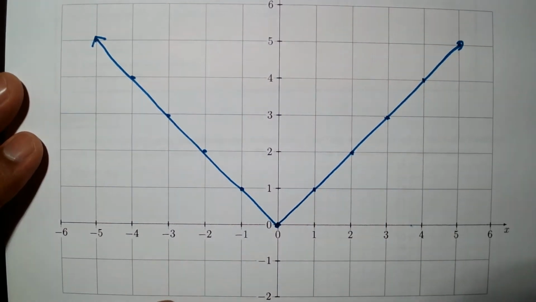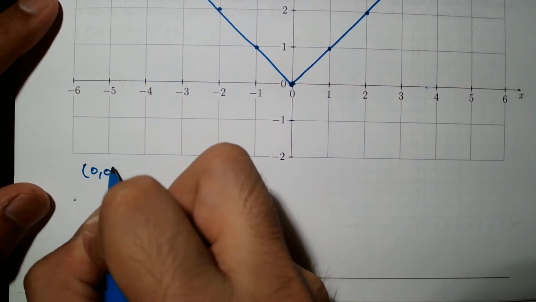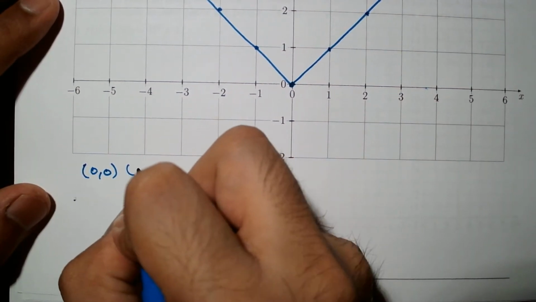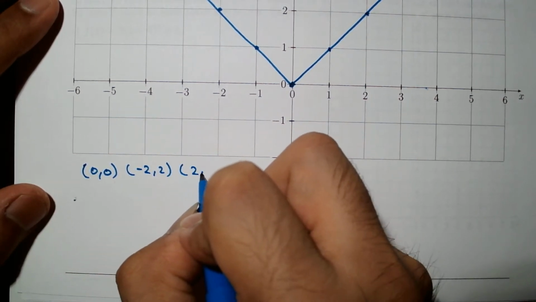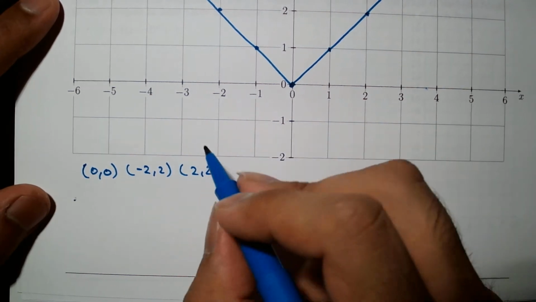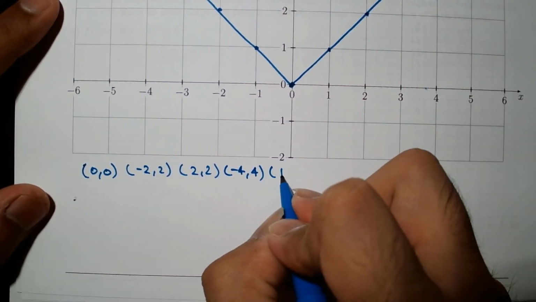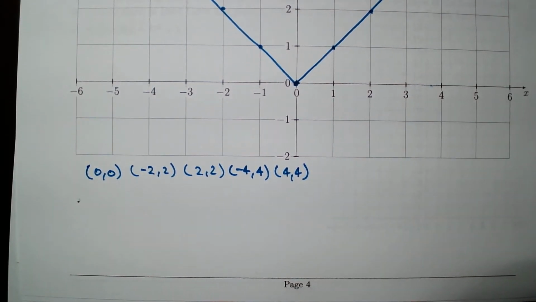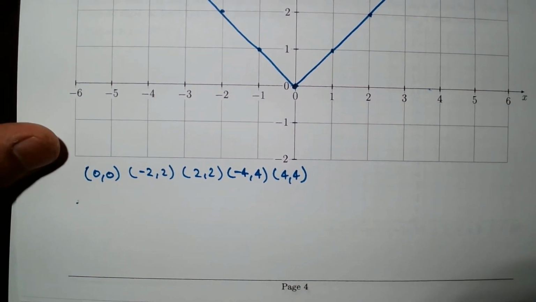The origin, of course, 0, 0. I'm going to choose the even points, negative 2, 2, and 2, 2, and negative 4, 4, and 4, 4. I'm going to choose 5 points this time. I'm going to take the time to do a few more points so you can see the difference between all of them.